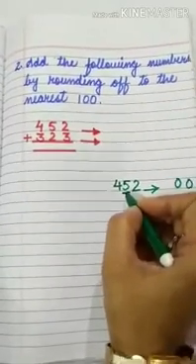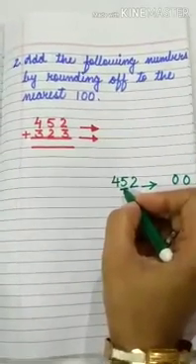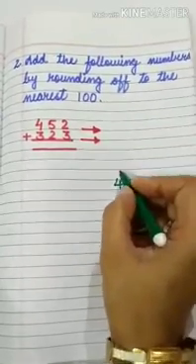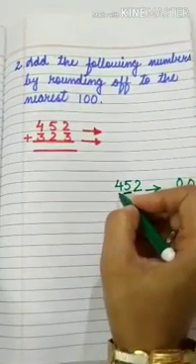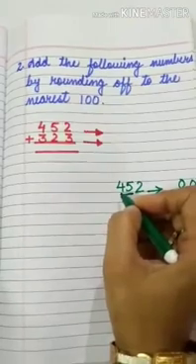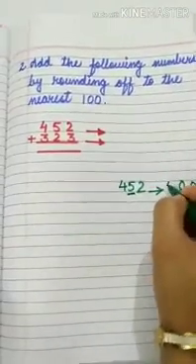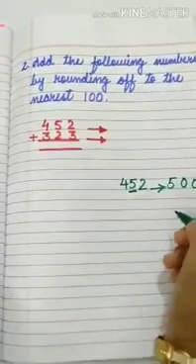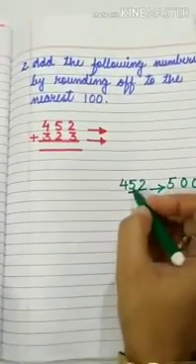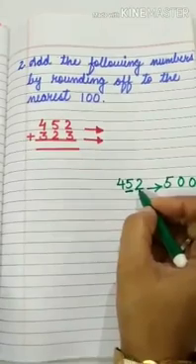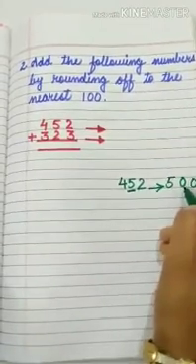As it is equal to 5, what is the next step? Yes, we have to add 1 at the 100 place digit. So we can add 1 to the 4 and 1 plus 4 we get 5, so 500, right? So after rounding off 452 we get 500 here.